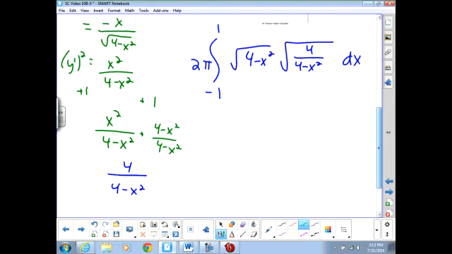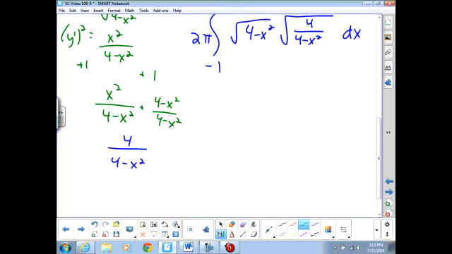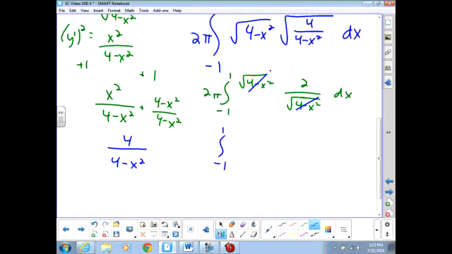If we neaten up that second radical, that's really 2 over the square root of 4 minus x squared. Notice we have a 4 minus x squared both top and bottom. Those cancel out. So this is really just 2 times 2 pi, or 4 pi dx.